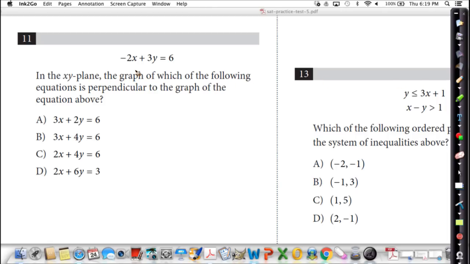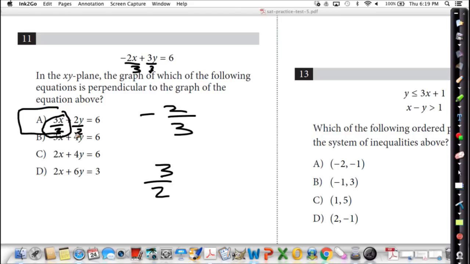This one you divide by 3 because that's the y. You want to get y by itself. So -2/3. And then in your answer choices, you just say, okay, I'm dividing by y, so that's 2. So the value in the x is 3/2. Yeah, that might work. That's not a bad idea.